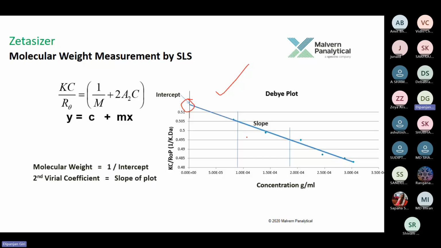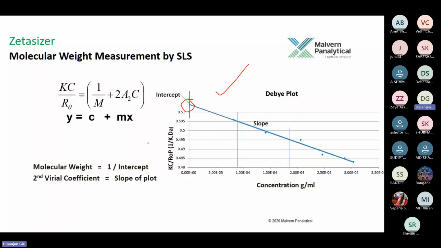This intercept is related to the molecular weight: molecular weight equals 1 by intercept, and the second virial coefficient you will get from the slope of the Debye plot.